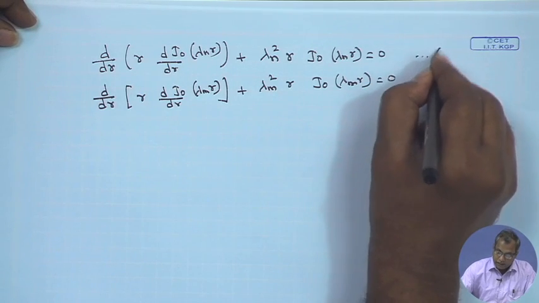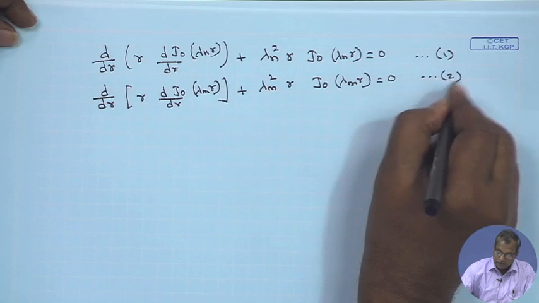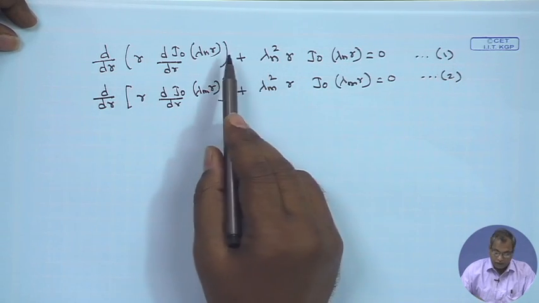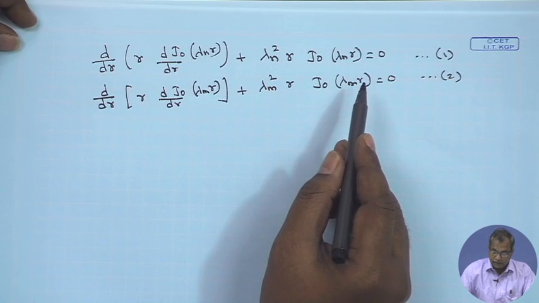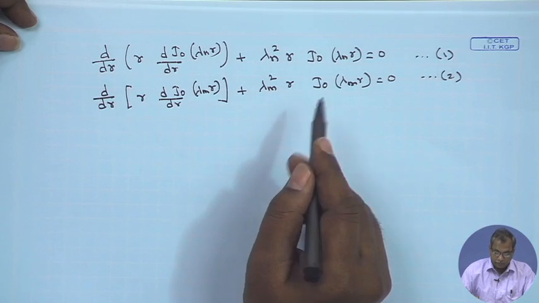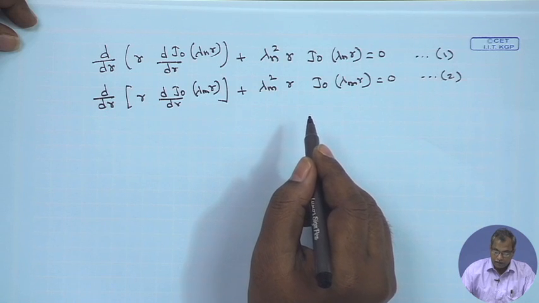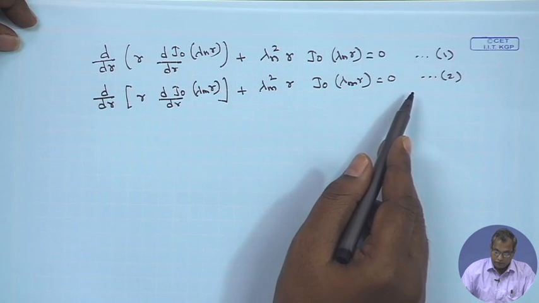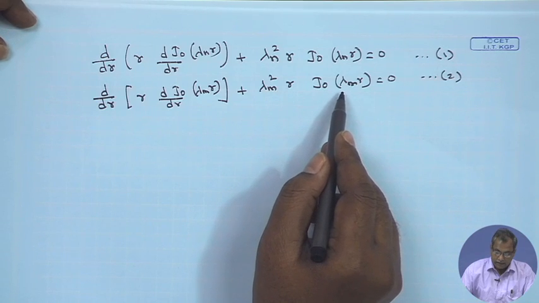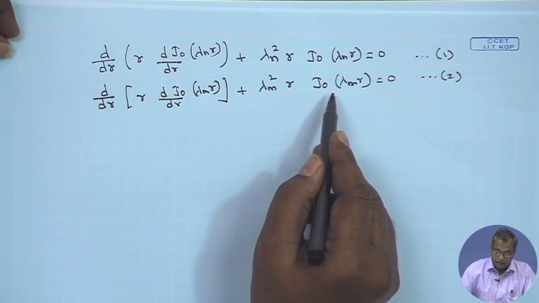So, we will write it as equation 1 and equation 2. So, what next we will do? We will be multiplying equation 1 with J0 lambda m r and integrate over the domain of r, and then we will be multiplying equation 2 with J0 lambda n r, integrate over the domain of r and then subtract.